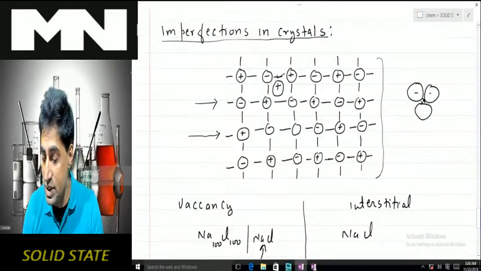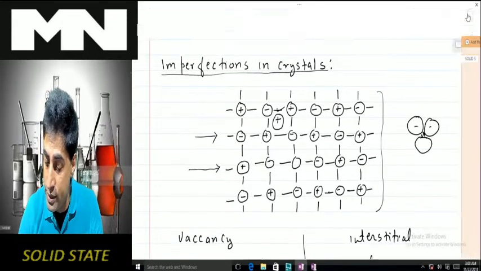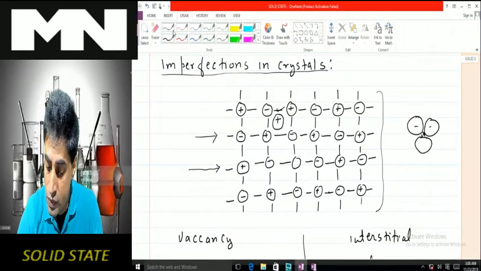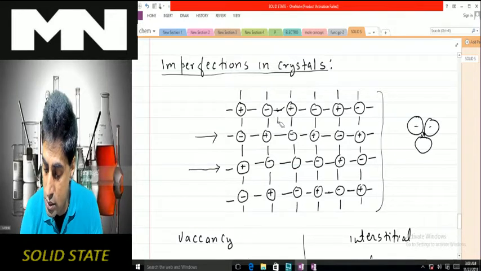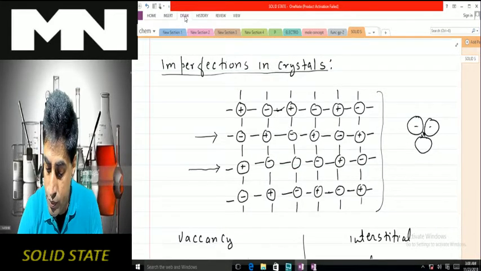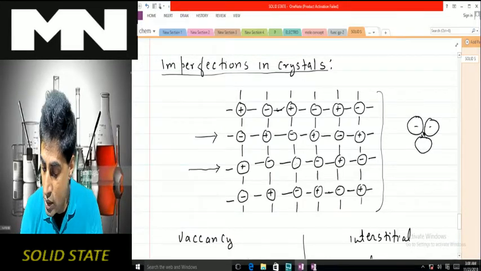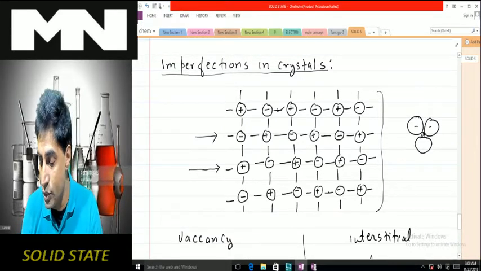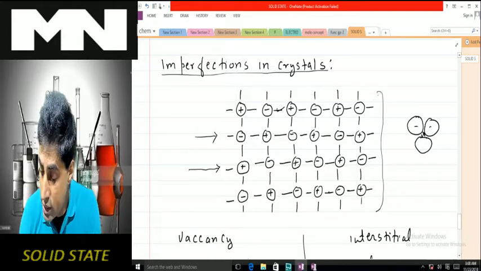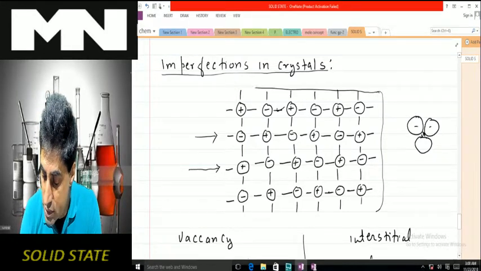Now suppose this crystal I have got is of sodium chloride. This is a regular crystal of sodium chloride. These are the boundaries of this crystal.